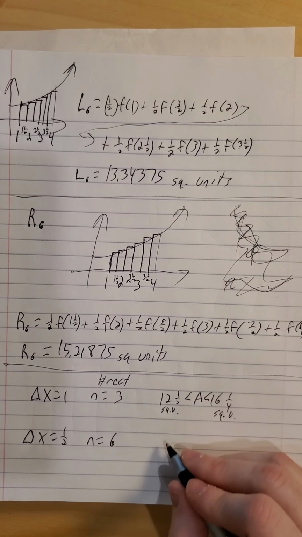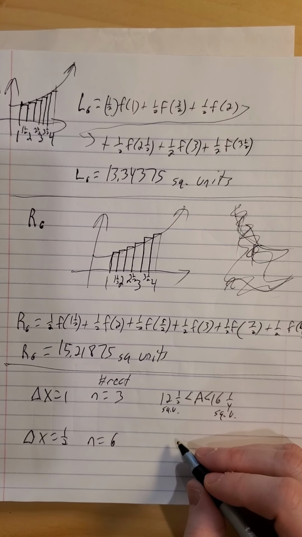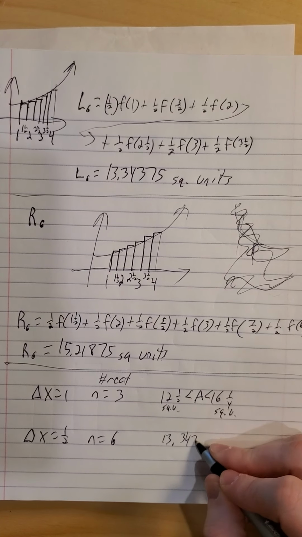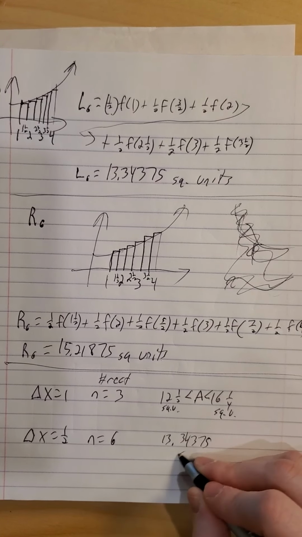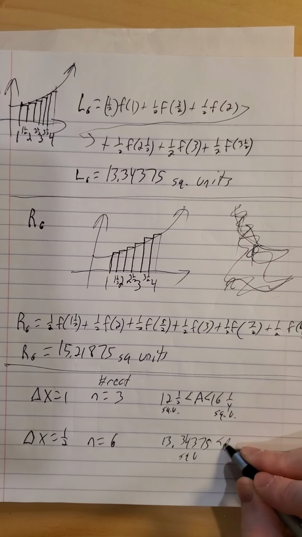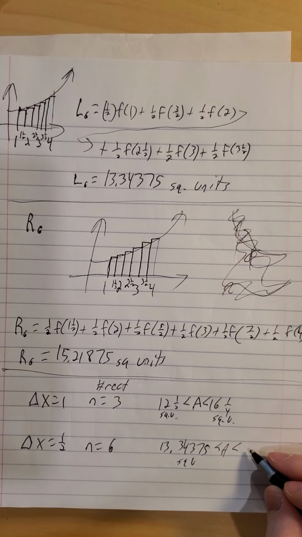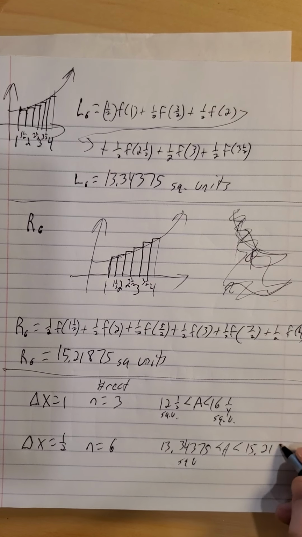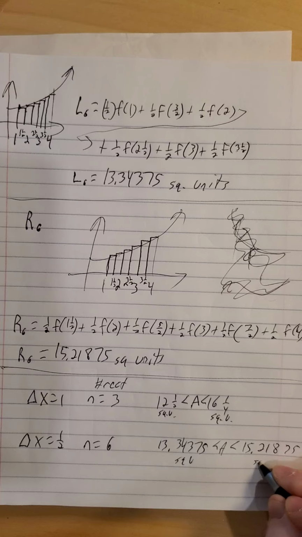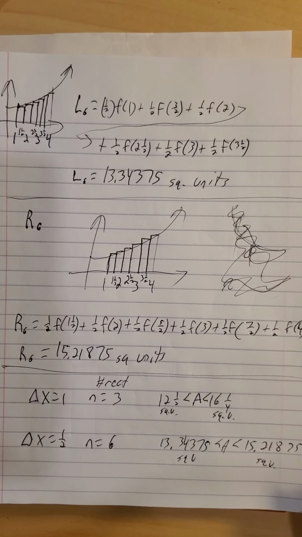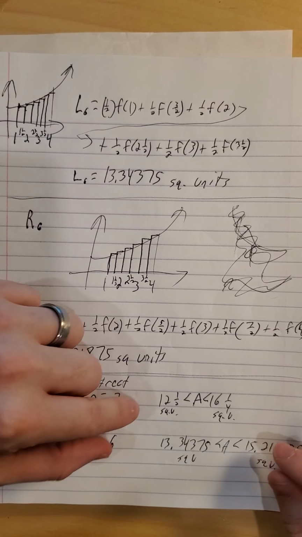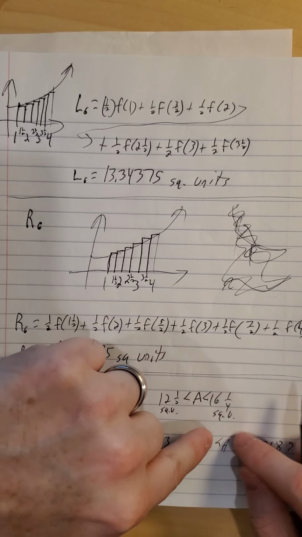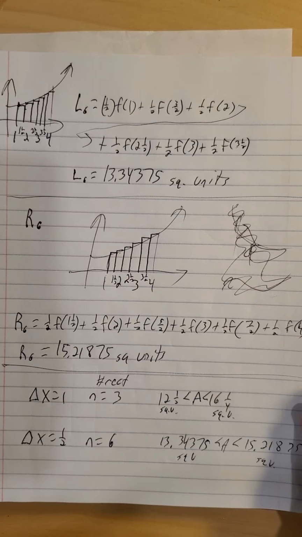And our bounds got at least a little bit closer together. 13.34375 square units was less than our area, and our area was in turn less than the 15.21875 square units in our upper bound. So our lower bound moved in, our upper bound moved in. We have a more narrow interval.